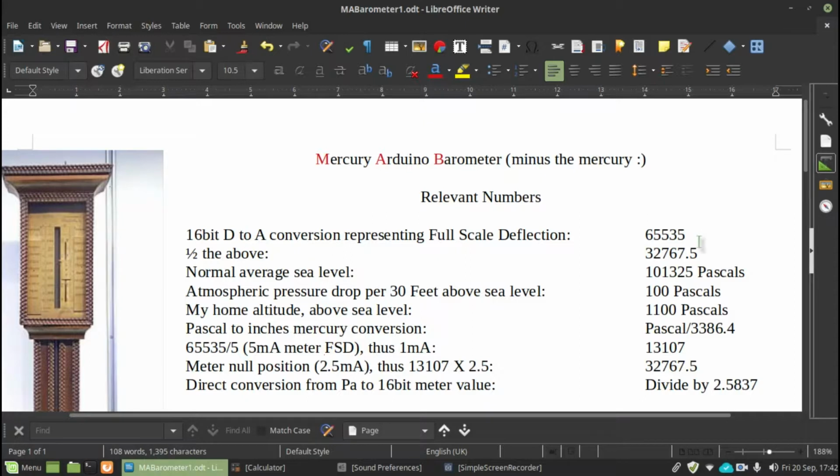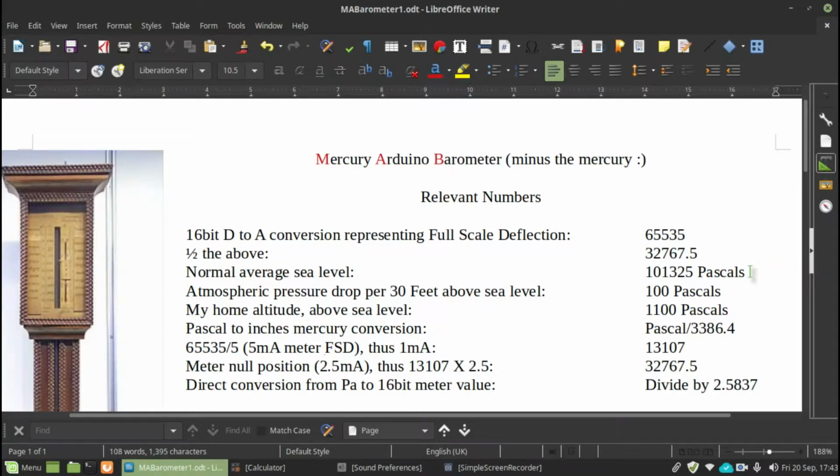The next number down is fairly obvious. It's half the above. It is important to this project, and of course, naturally, it is 32,767.5. The third item down on the list is normal average sea level atmospheric pressure.